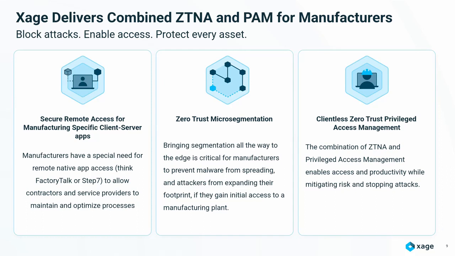Then there's the machine-to-machine control, or microsegmentation is what Mike talked about. And we can stop attackers or malware from moving laterally, stopping them from achieving the scale of access they need to succeed in any type of attack, and making it harder to achieve the objective of the attack, right?